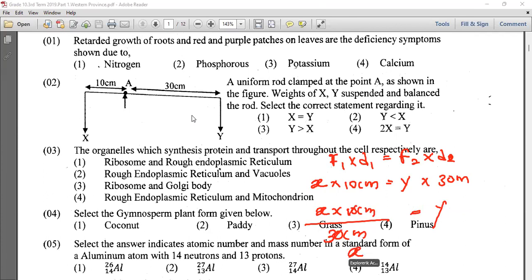That means X into 1 over 3 equals Y. This statement finally says 1/3 of the magnitude of X will be equal to the magnitude of Y. So you need 3 Y's to get equalized with the magnitude of X, right?